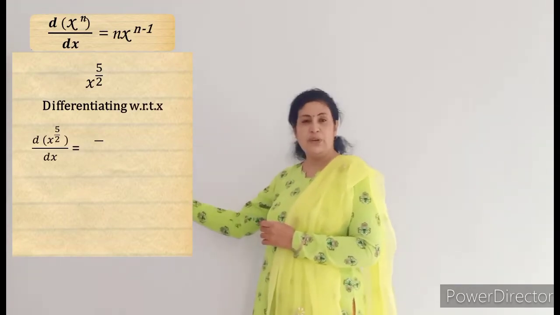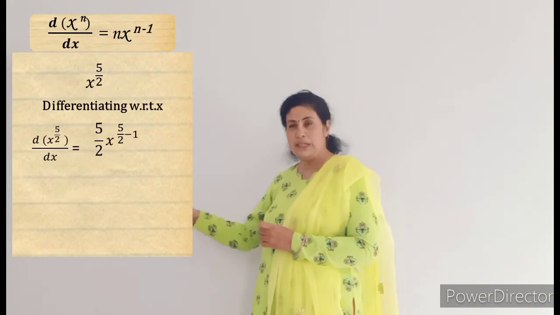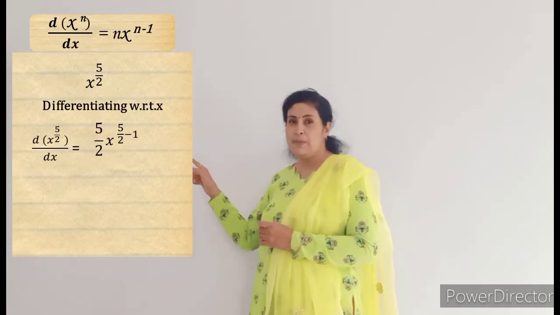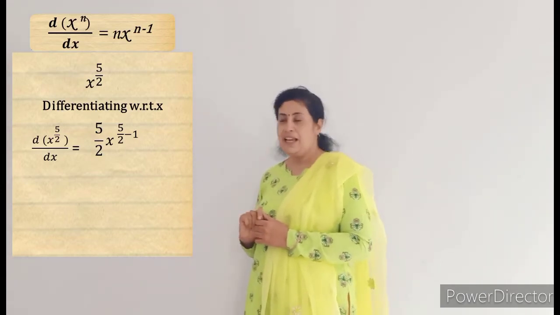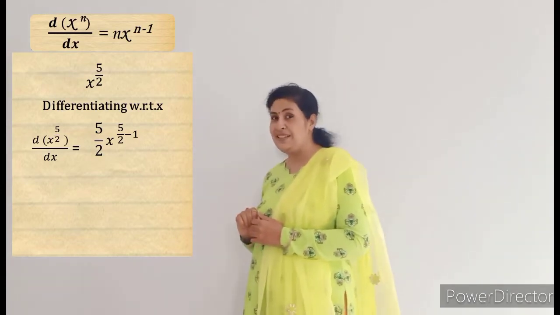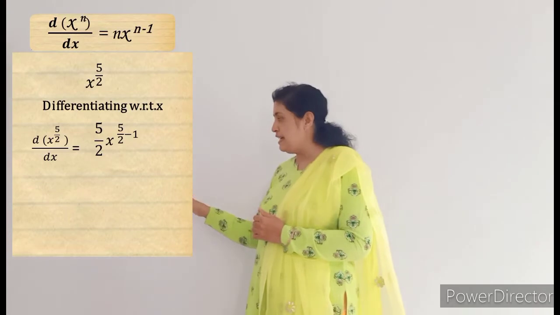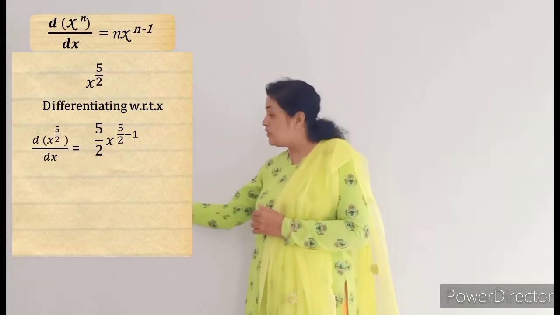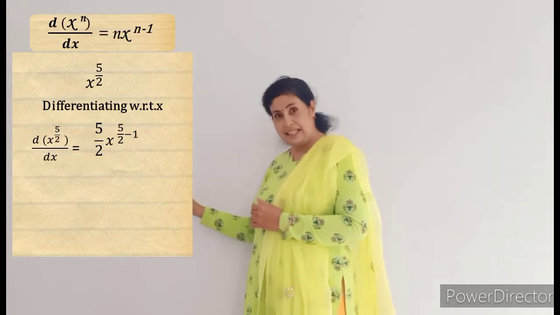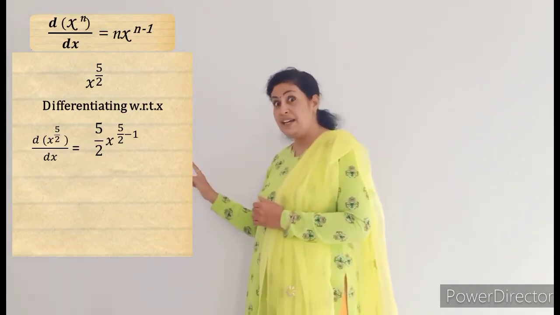So what is going to come down is 5 by 2 x raised to, what will it be? 5 by 2 minus 1. So what is 5 by 2 minus 1?